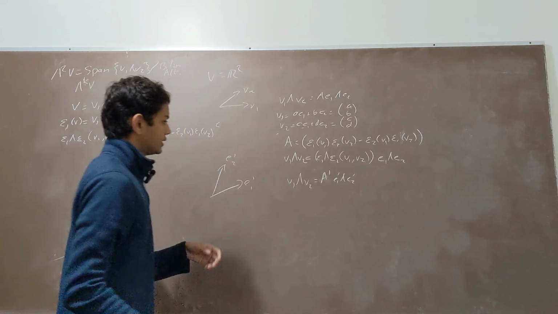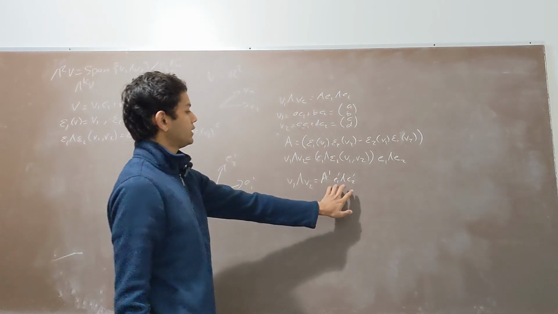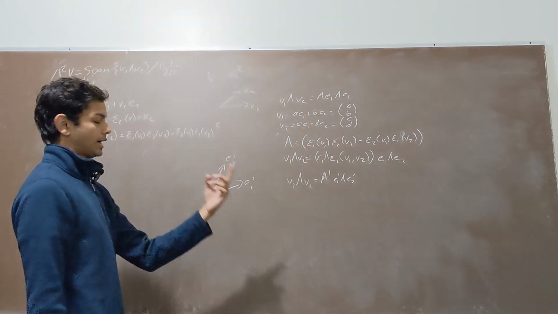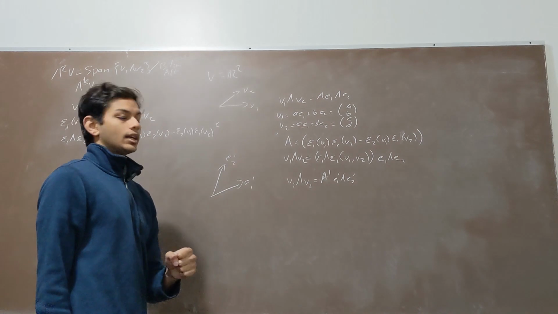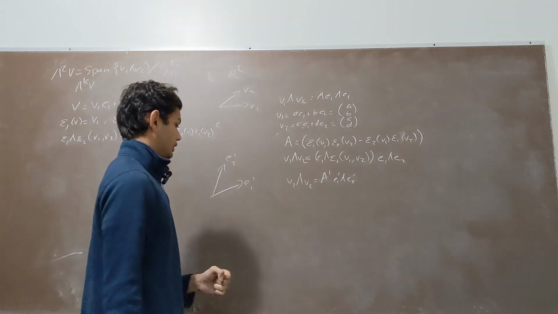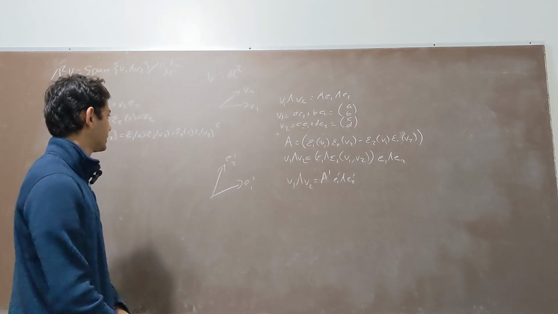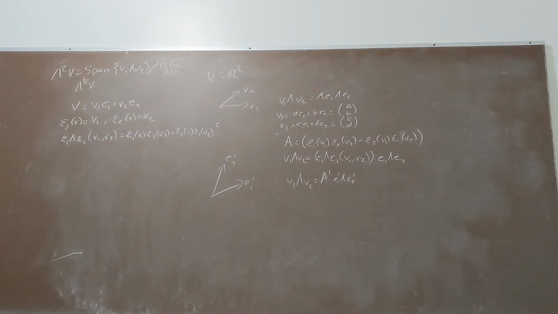And so what this is in effect saying is that if we declare the parallelogram spanned by these two vectors to have area 1, then what is the area of V1 wedge V2? And so you can go through a similar game here and have basically the same properties.